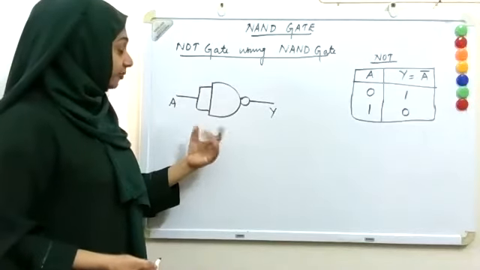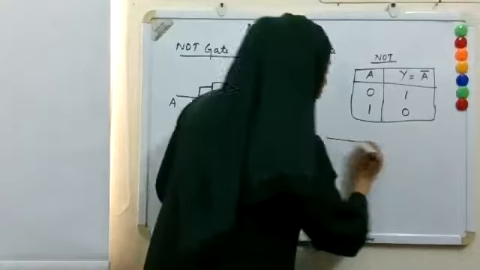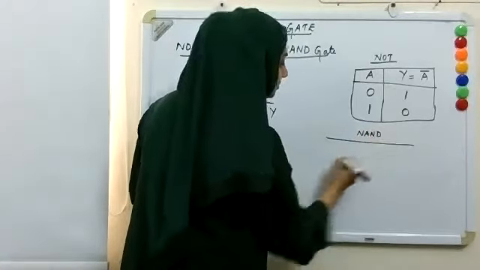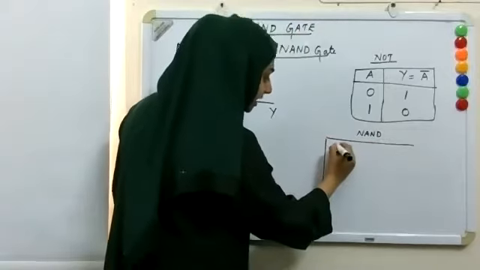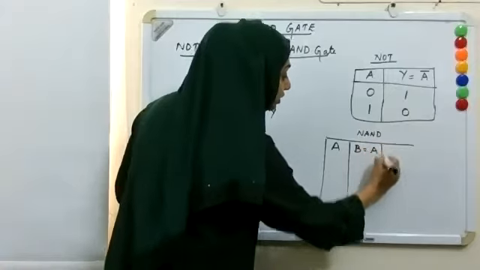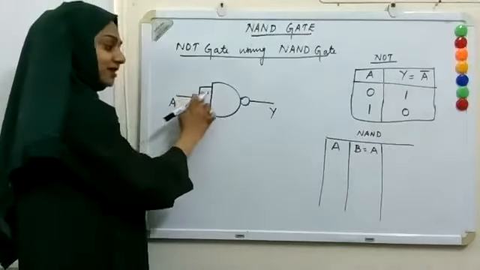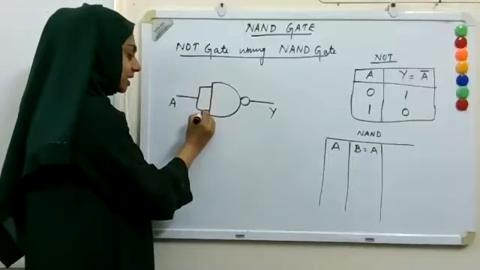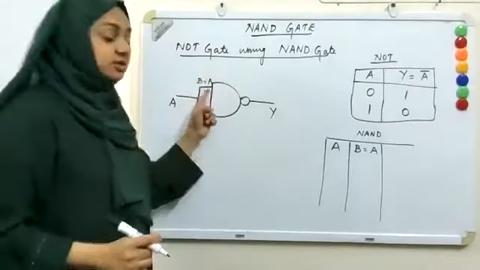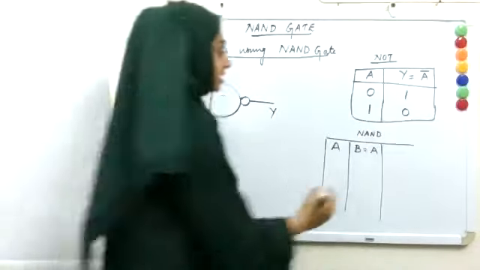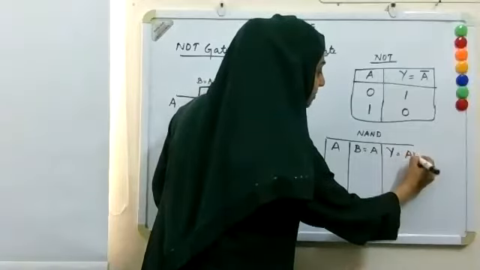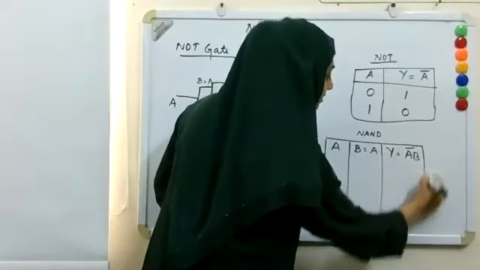Let us see how. So here the two inputs for a NAND gate, A and the second input B is also equal to A because we are giving the same one. In that case, the output Y is A and B not, right?